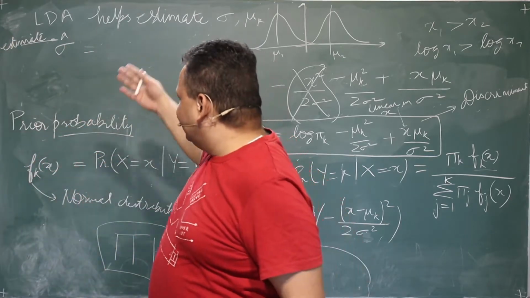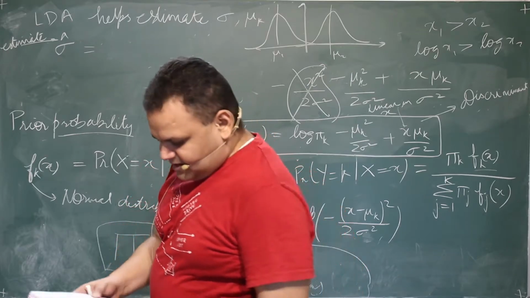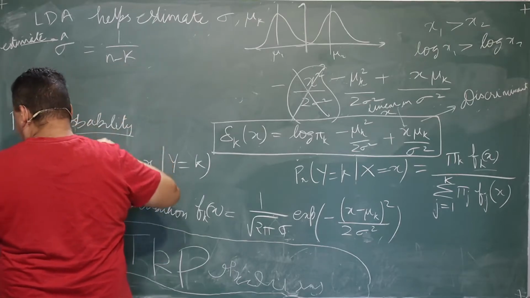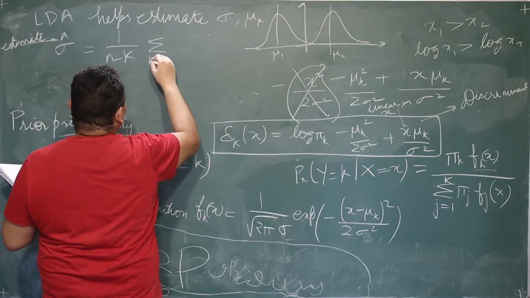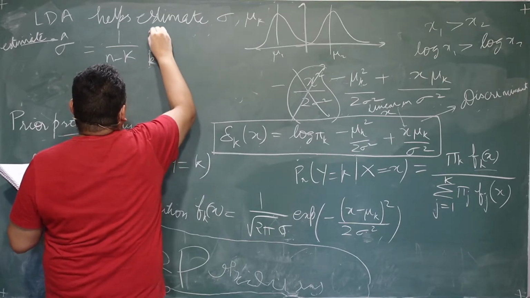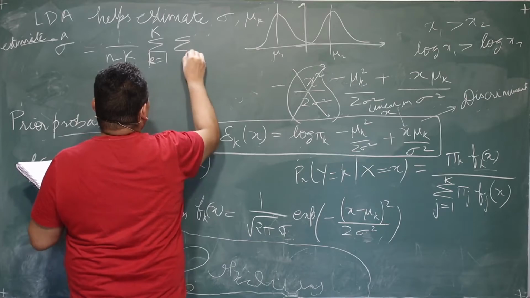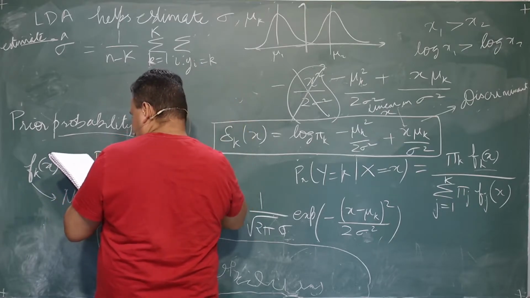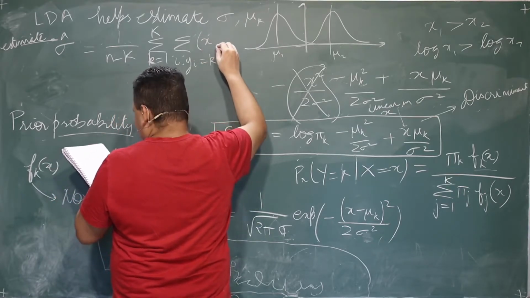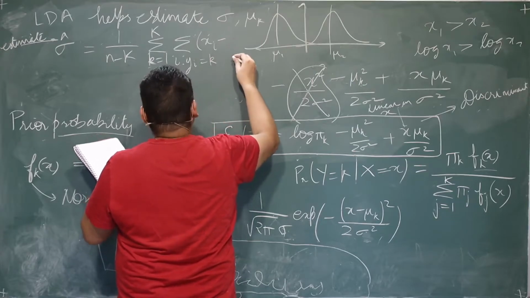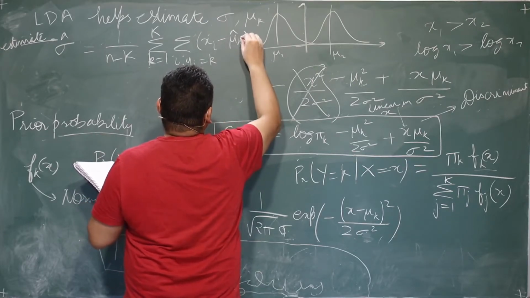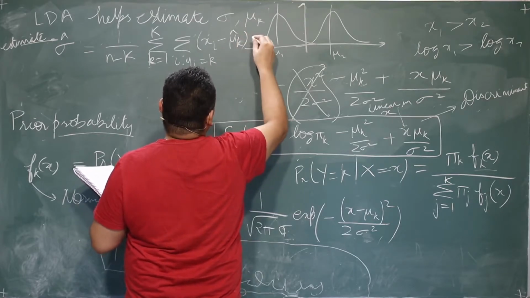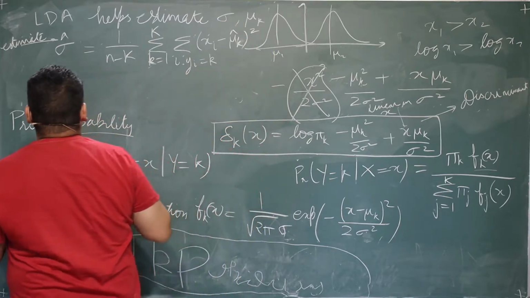So that sigma hat is given by 1 over n minus K, where this is capital K, sum over small k equal to 1 to capital K, sum over i such that yi is equal to small k, of xi minus the estimate of mu k, squared.